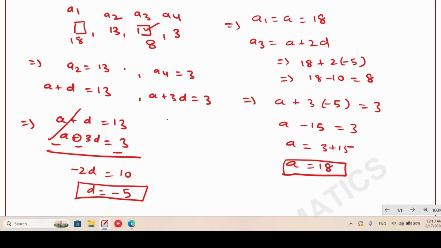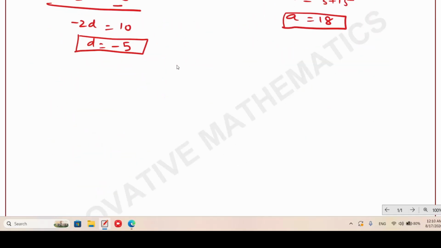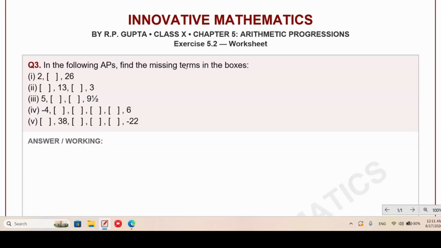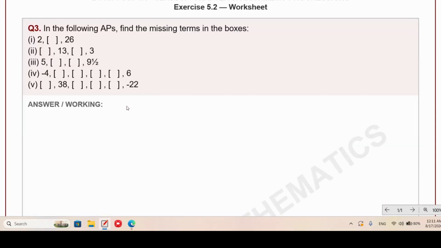Now you can see the difference. 3 plus 5, 8. 8 plus 5, 13. 13 plus 5, 18. So this is plus 5, plus 5, plus 5. Clear? So in the format of fill in the blanks, you can do it in this one also. एक और कर लेते हैं. Let's see this one.